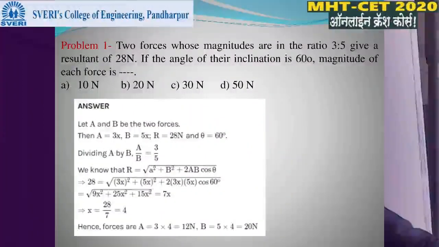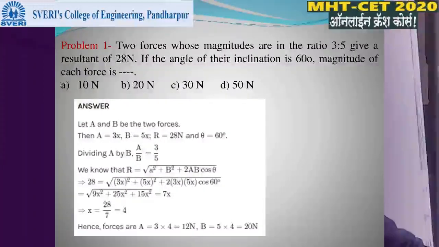If two forces whose magnitudes are in the ratio 3:5 give a resultant of 28 Newton, and the angle of their inclination is 60 degree, then the magnitude of each force is what? See here, there is one correction, 60 degree. Read carefully.